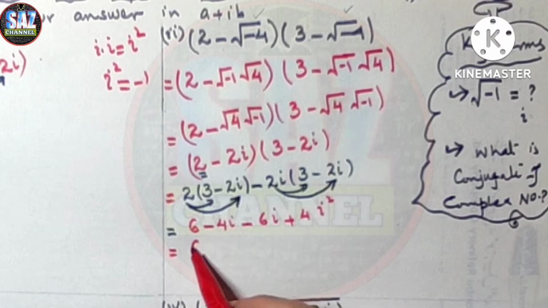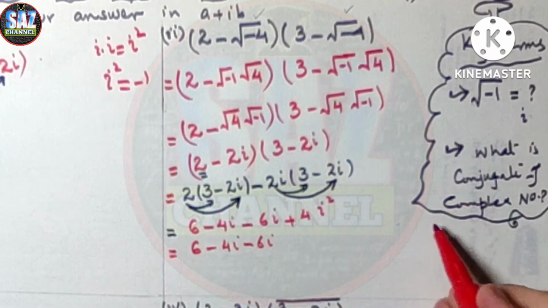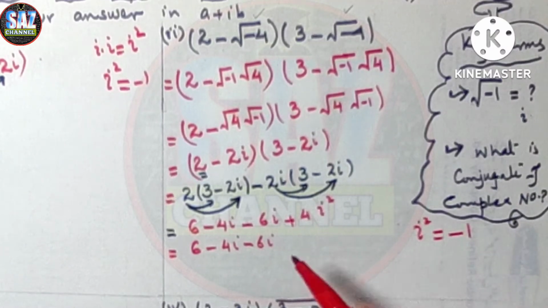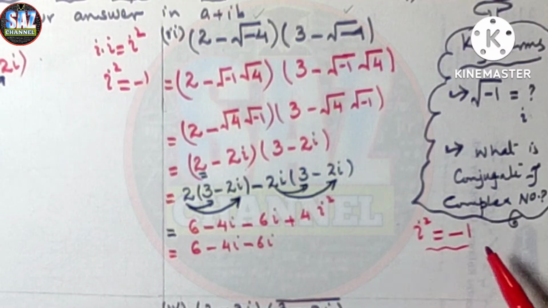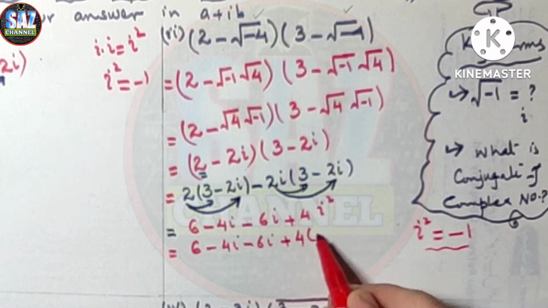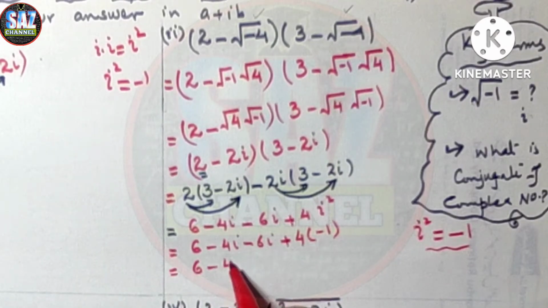6 minus 4 iota minus 6 iota, and we know that iota square equals what? Minus 1. This is also one of the frequent concepts, so you should have a good command of this, plus 4 into minus 1. So it will take the form 6 minus 4 iota minus 6 iota minus 4.